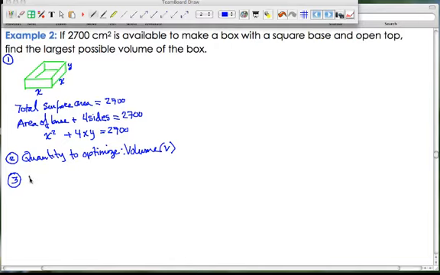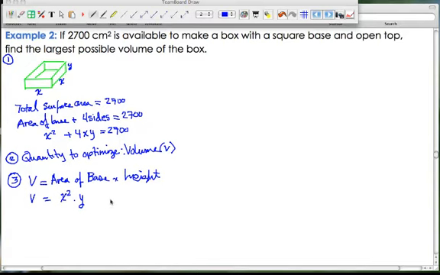The volume would be area of the base times height. Don't worry if you don't remember all the formulas for areas and volumes; you are going to be given the formulas in any test or quiz. The area of the base would be X times X, X squared, and the height would be Y. There we are. We have the quantity that we want to maximize in terms of the variables that we defined at the beginning.